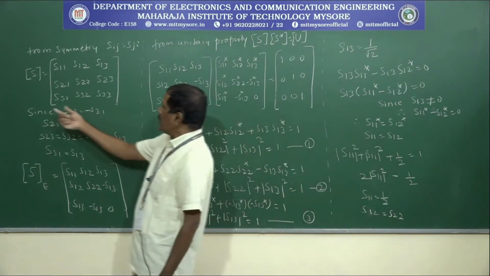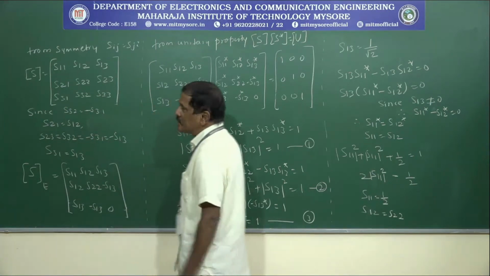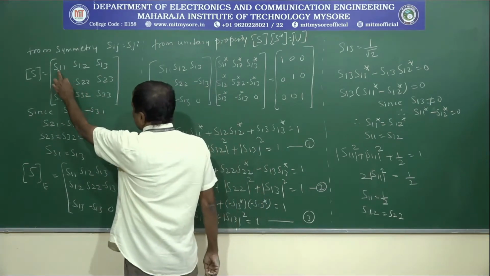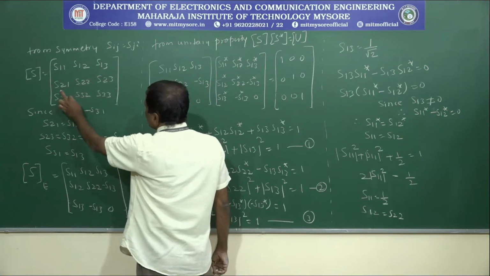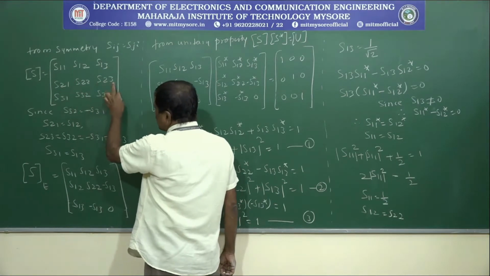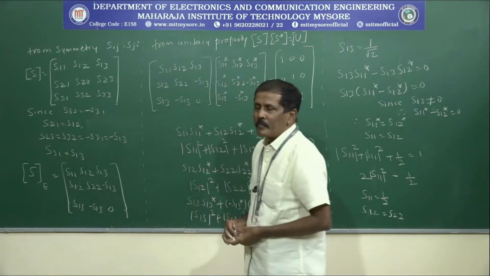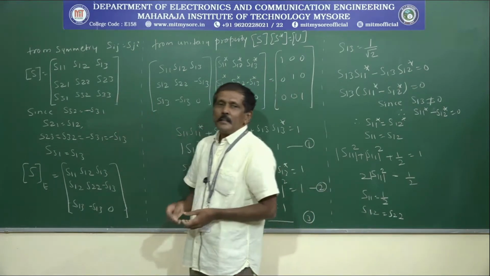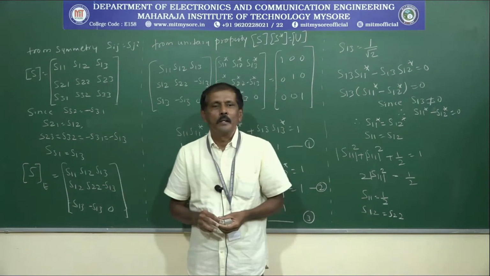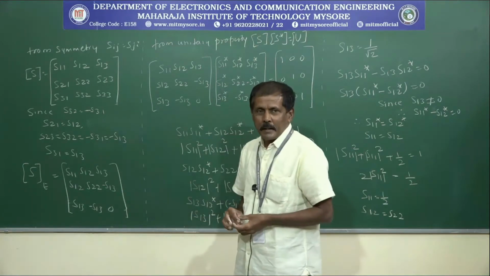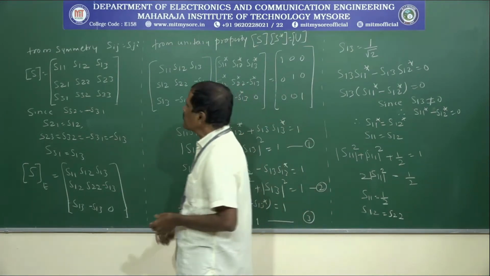Then we can write the S matrix as S11, S12, S13, and S21, S22, S23, and S31, S32, and S33. And this is the S matrix for the E-plane T section.